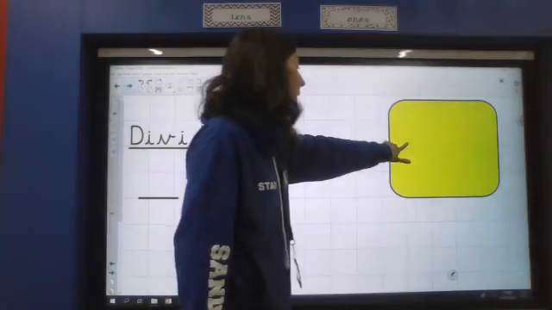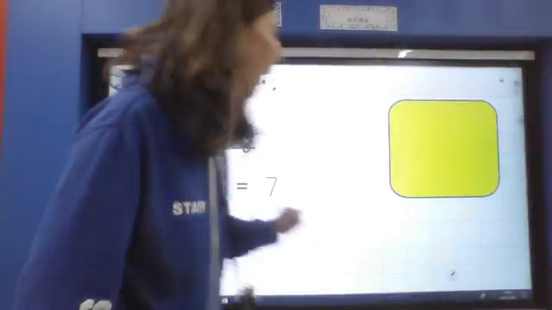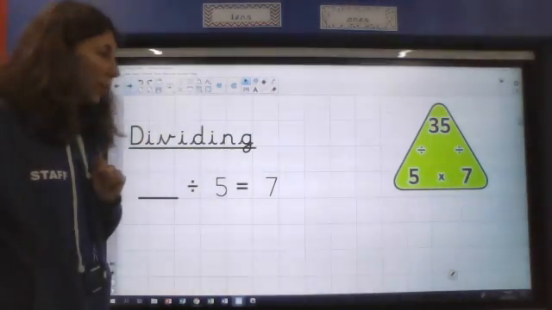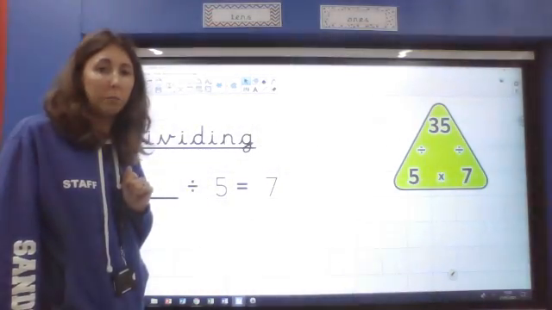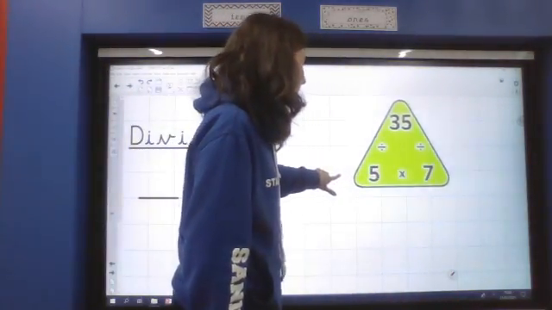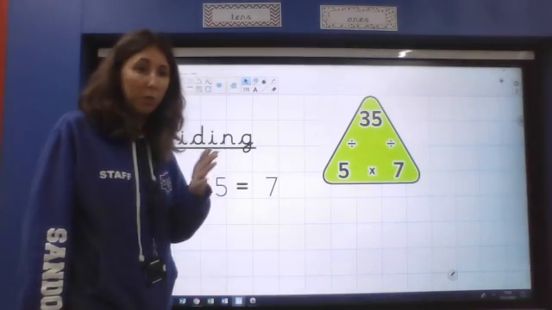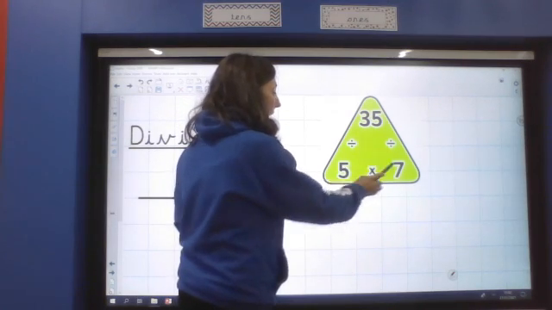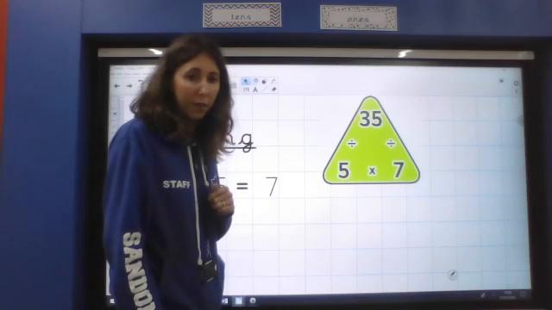Behind my yellow box, I've got something that I think might help us. What I've got there is a number triangle to show the fact family, and we used something similar in school when we did addition and subtraction. What this reminds us is the relationship between the numbers and between multiplying and dividing. So I know that if I multiply 7 and 5 together, the answer is 35.